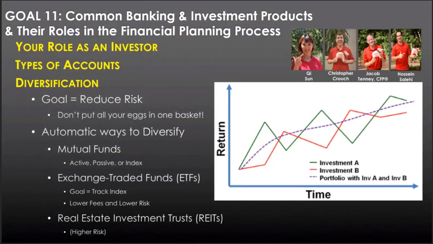And the next thing is the REITs, the real estate investment trust. Basically very similar to a mutual fund. You pool money together and invest into different kinds of real estate. But because the investment target is real estate, the REITs will have higher risk than the mutual funds.